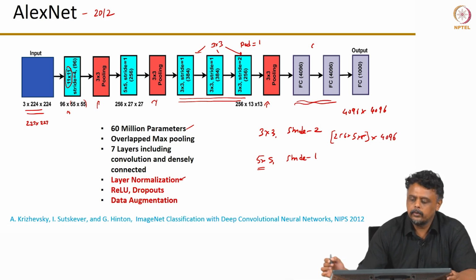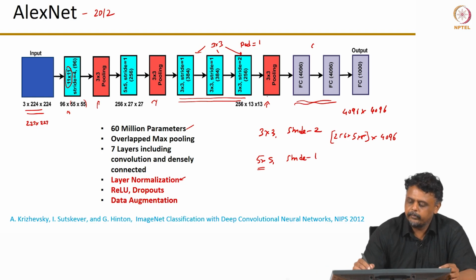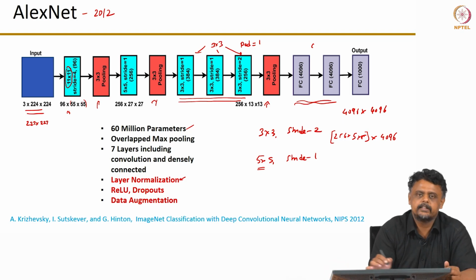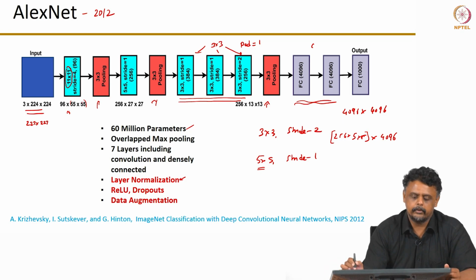So, a lot of the parameters occur towards the end, and a lot of the computations are at the input side of the network, because of the size of the convolution kernels.